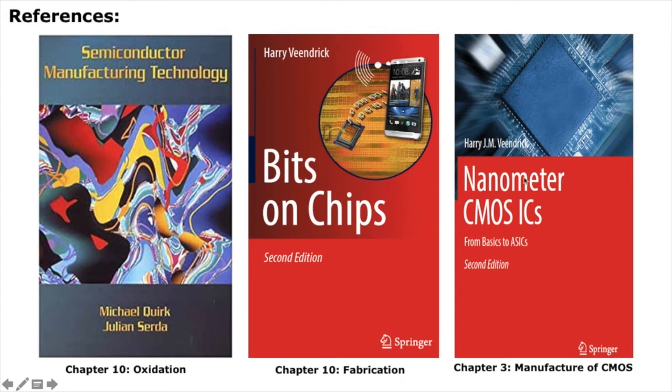Basically, they are more advanced books on the fabrication of MOSFET chips and ICs. But you don't have to go through all of those books; I mention two chapters. Chapter 10 in this book is called Fabrication and Manufacture of CMOS, from Nanometer CMOS ICs.